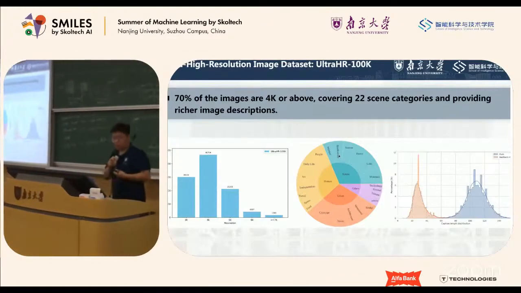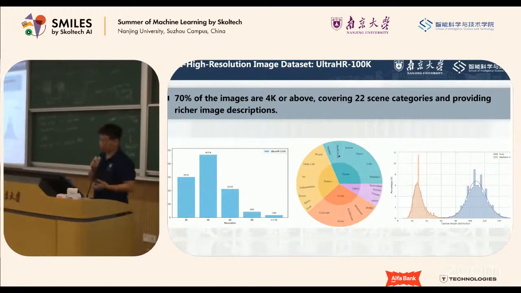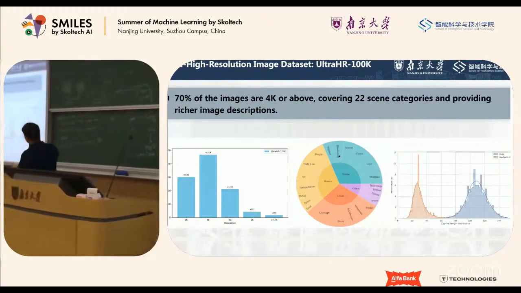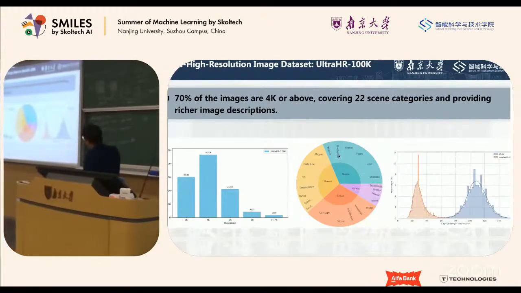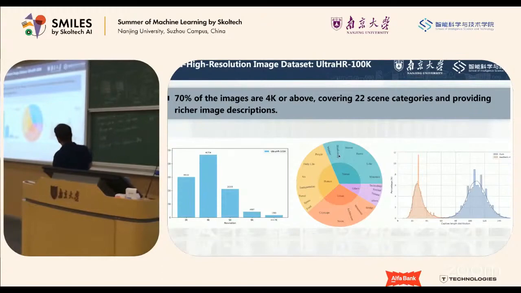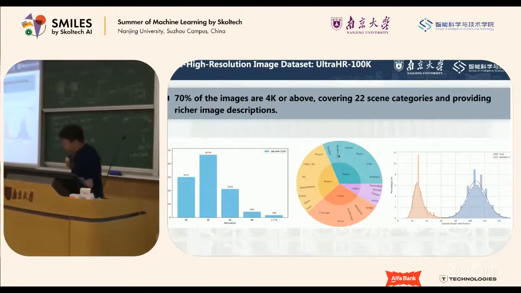Here we show the statistics of this dataset: approximately 70% of the images in Ultra HR are 4K or above resolution, and our dataset covers 22 semantic categories, from nature, human, urban.